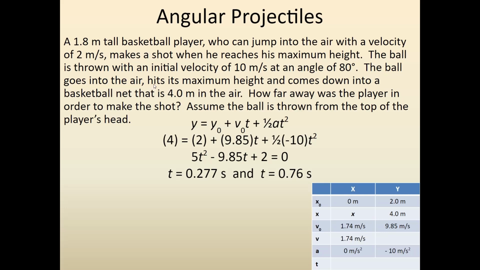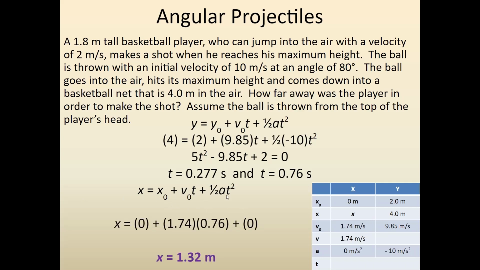The ball goes into the air, hits its max height, and then is coming down. So it's going into the net on its way down, which means we're looking for the second time, the second time it's reaching 4 meters in the air. So we use the time of 0.76 seconds, plug that into the annoying x equation again, and we end up getting 1.32 meters.